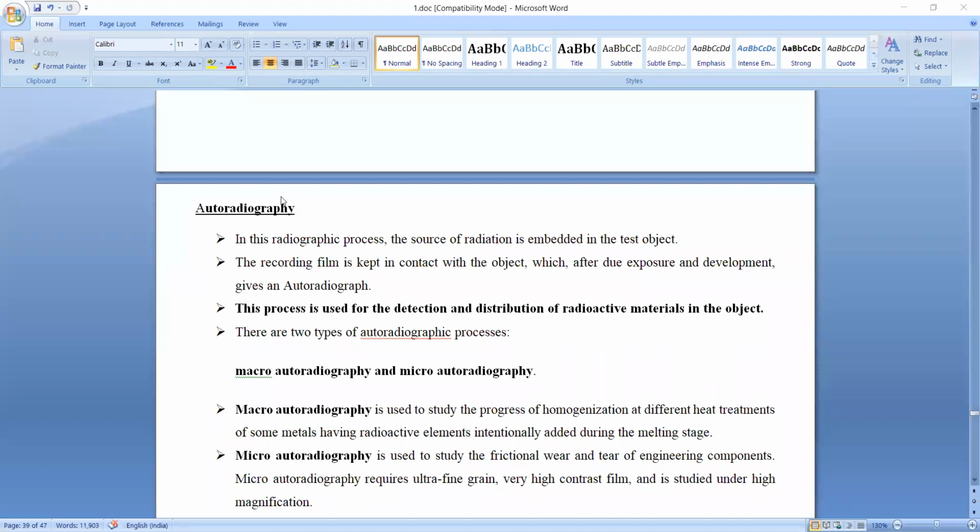For example, when very minute defects are there and we have to find them accurately, we have to follow some special techniques. So we have to be aware of those techniques. The important ones are neutron radiography, micro radiography and flash radiography, already discussed in previous classes.